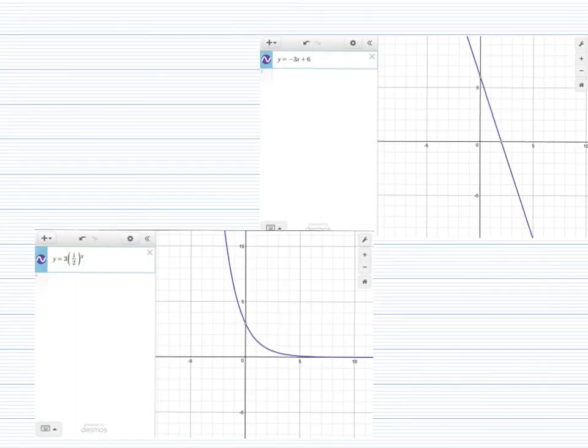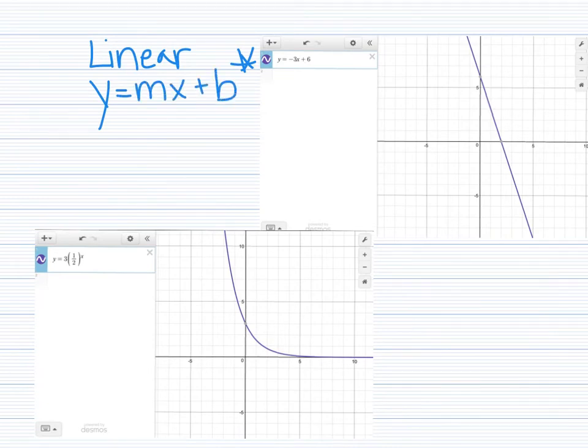If you look, I've got two other graphs. Do you remember looking up here? This is a linear function, of the form y equals mx plus b, where m is the slope and b is the y-intercept.